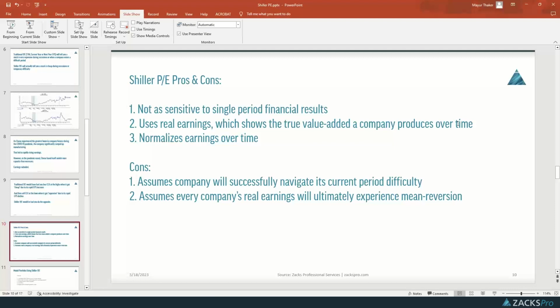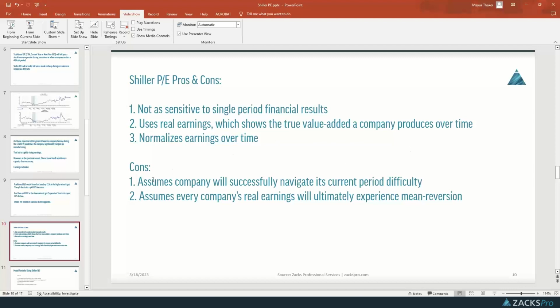So we want real earnings growth, earnings growth in excess of inflation. And that tells you the true value added that the company is producing over time. And again, it normalizes earnings over time. So we're using a 10-year moving average as opposed to a single period.